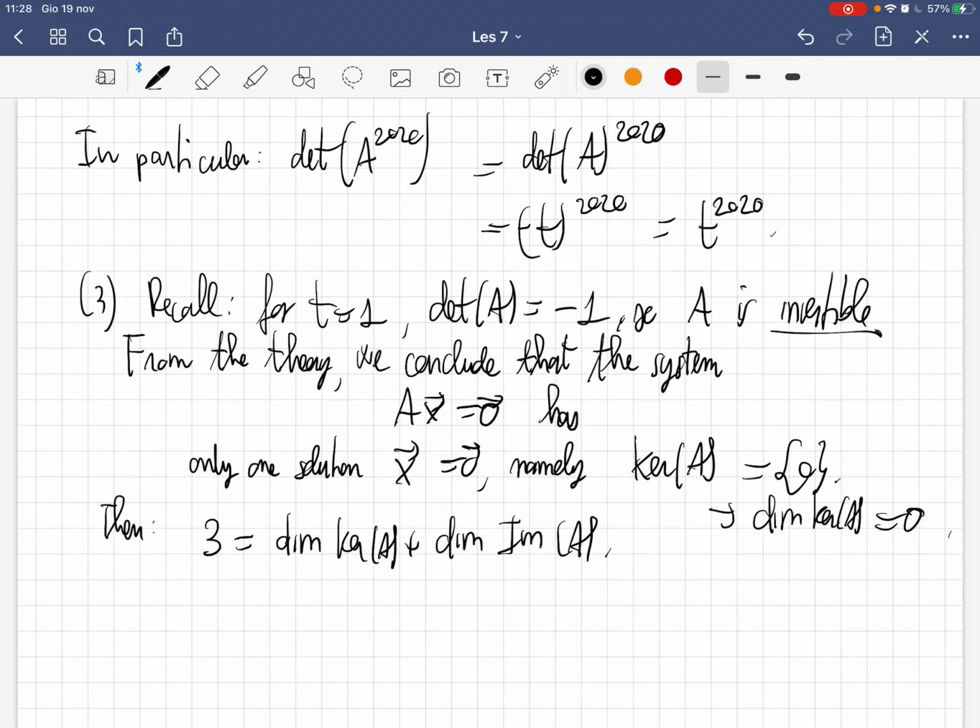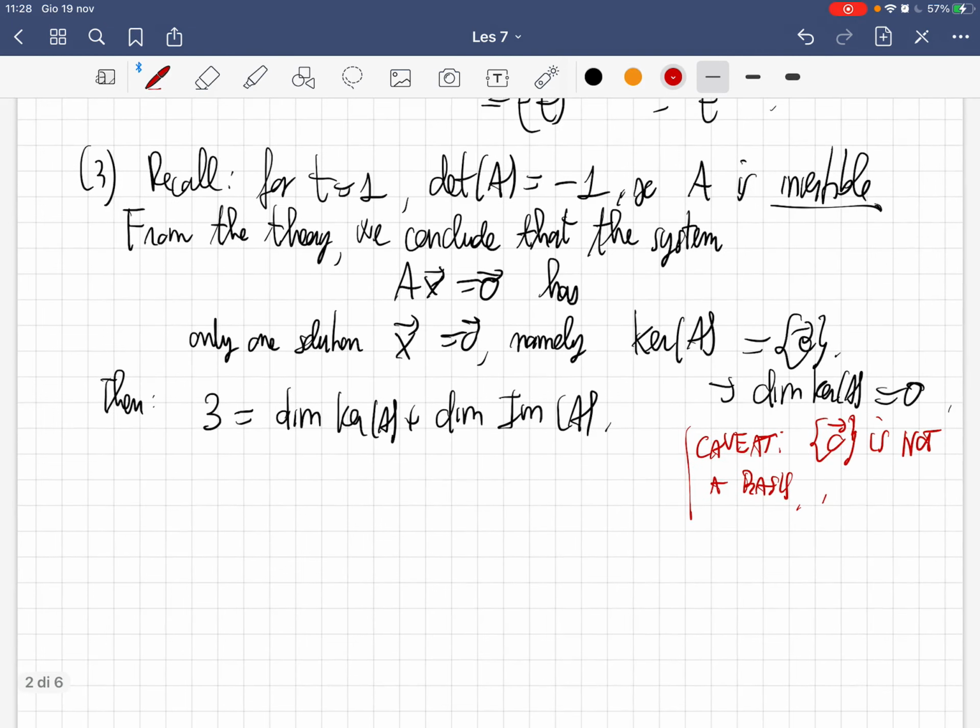So don't make the mistake of saying that the 0 vector is a basis of anything. The 0 vector is never a basis.